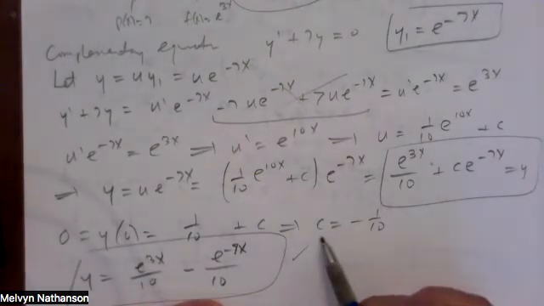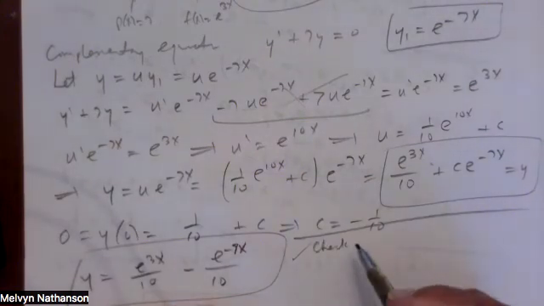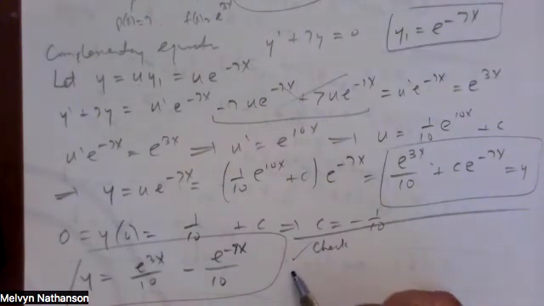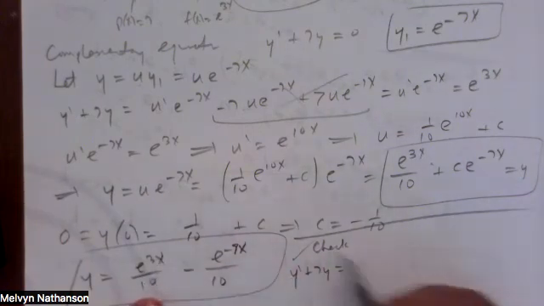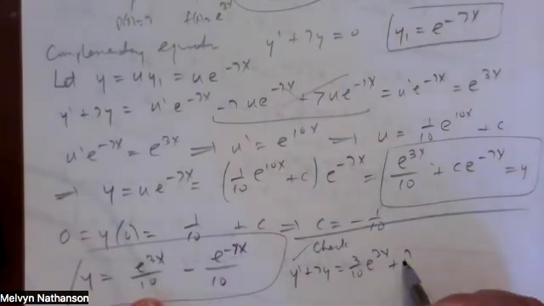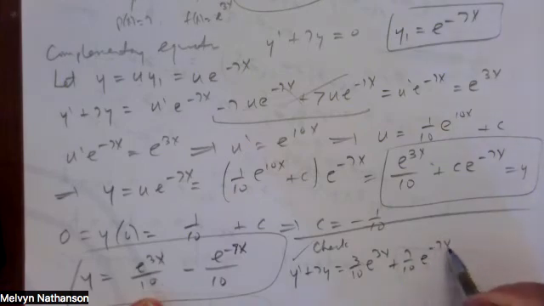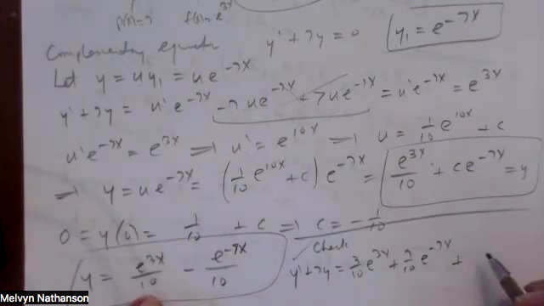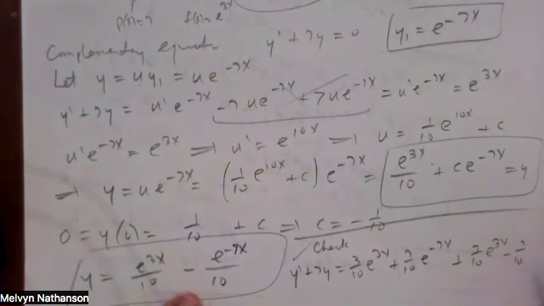Let's just check that this really does solve the differential equation. So this is y. y prime plus 7y: if I differentiate y, I get 3 over 10 e to the 3x. Differentiate this, I get minus 7 times minus 1/10, so plus 7 over 10 e to the minus 7x, plus 7 times y, which is 7 over 10 e to the 3x minus 7 over 10 e to the minus 7x.